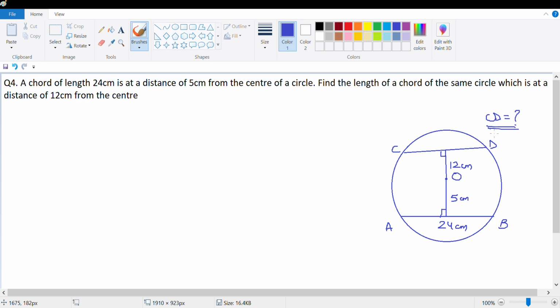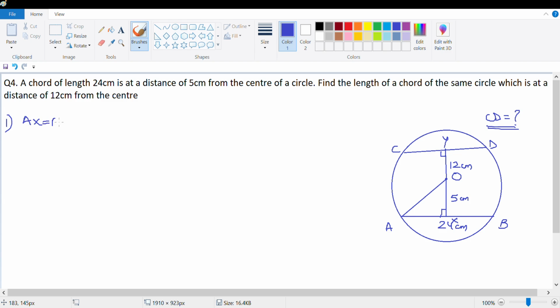So if I remember correctly, a line which is perpendicular from the center of a circle to a chord bisects the chord, which means, let's call this point X and let's call this point Y, AX will be equal to BX because OX is perpendicular to AB. So let's start writing.